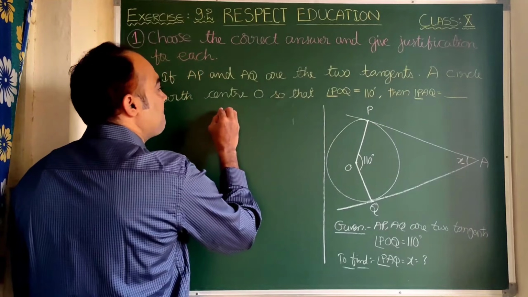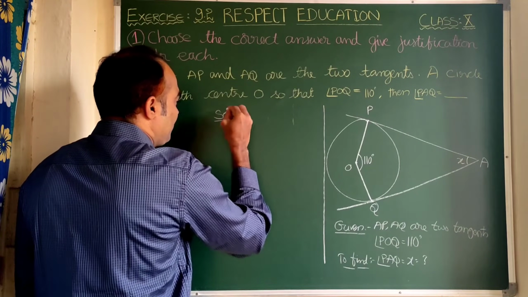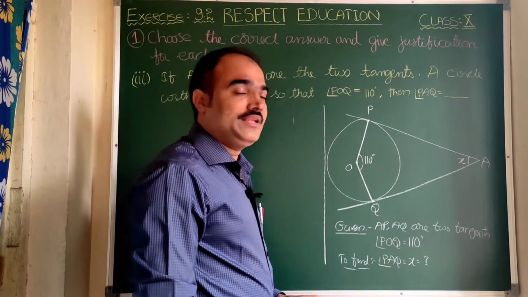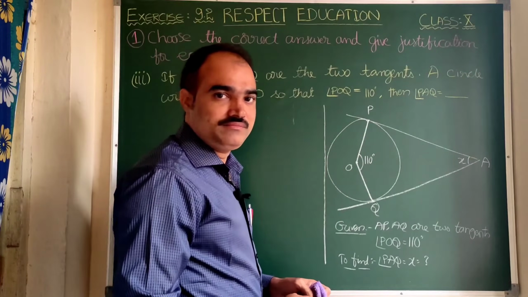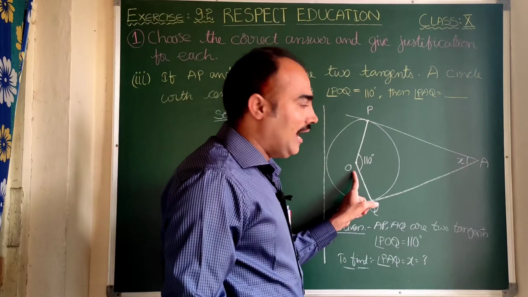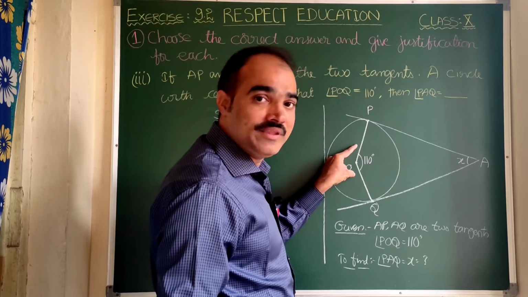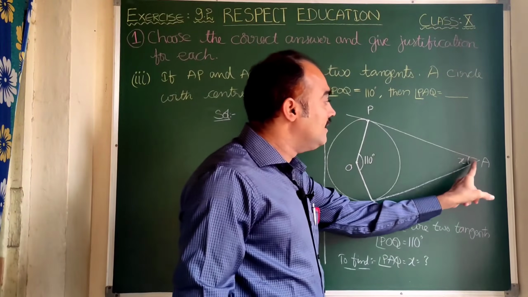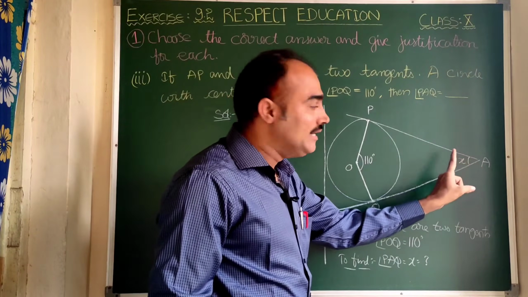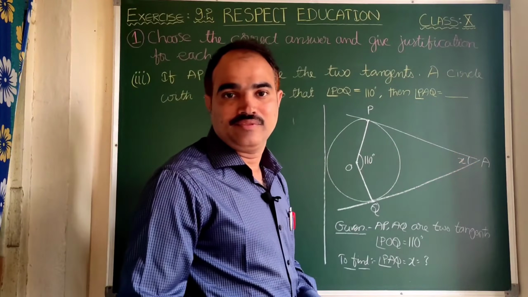So let us start solving this problem here. If you observe carefully, in fact it can be done directly: the angle at the center, and the angle made by the tangents at the external point, these two angles are supplementary.